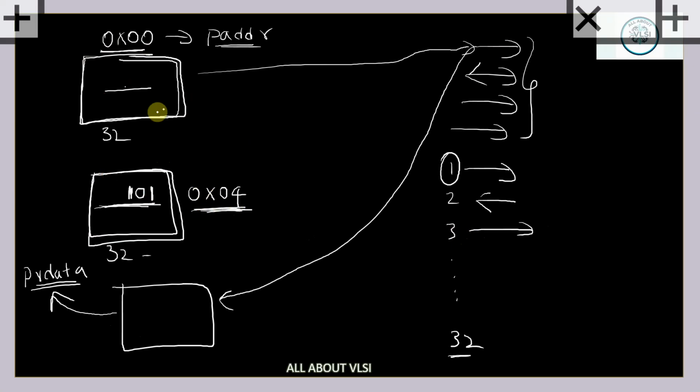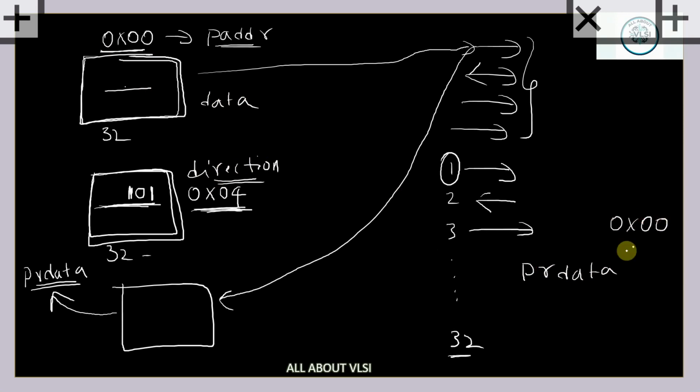Let's say you want to know what value you have configured in the data register and the direction register, at the application level. Then using the PRDATA signal bus, by providing the address as 00, you're going to look into what exactly you have written into this register, and using the PRDATA signal only, by providing the address as 04, you're going to look into what you have written into this particular register.